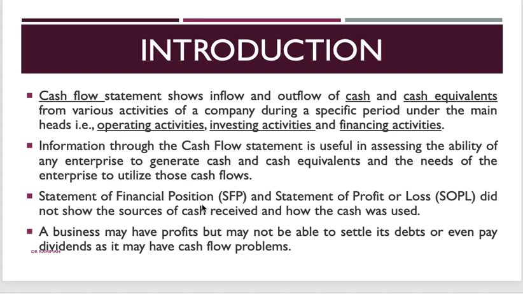Those are non-cash items where you don't pay for it. So just by looking at the profit or loss of the company, you don't see the availability of the cash.